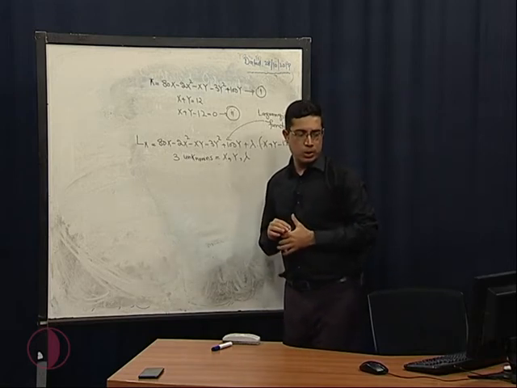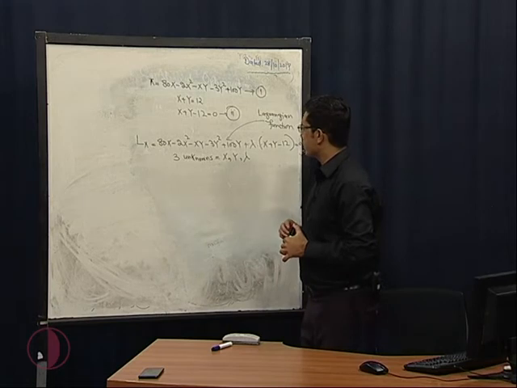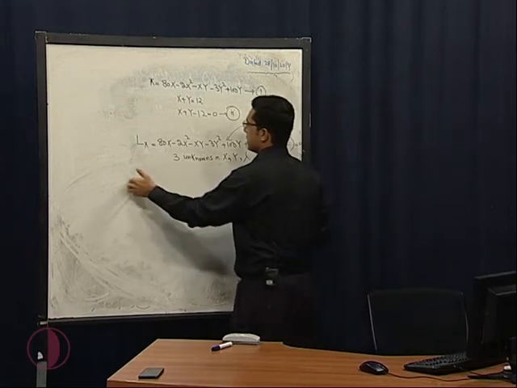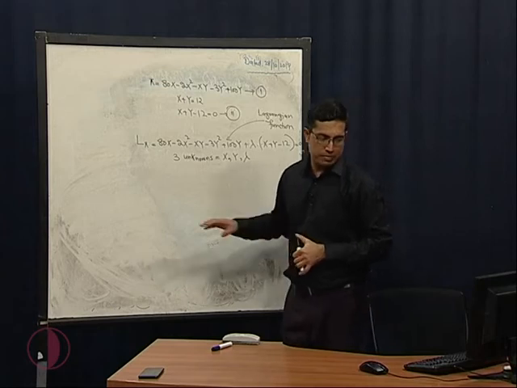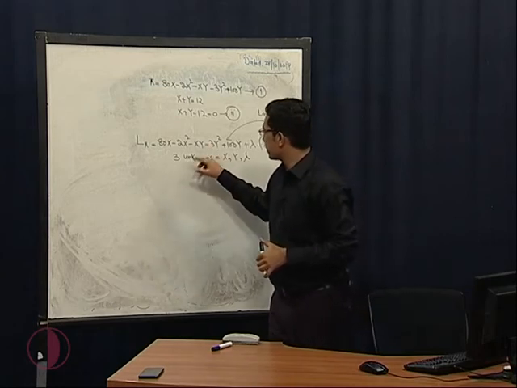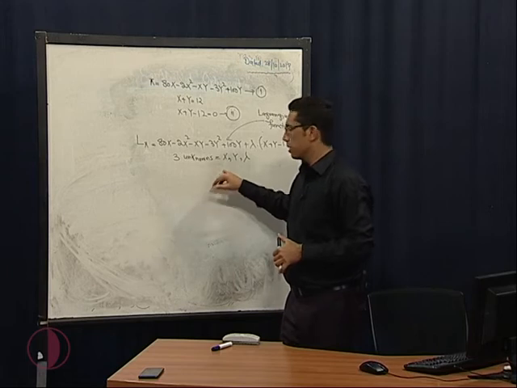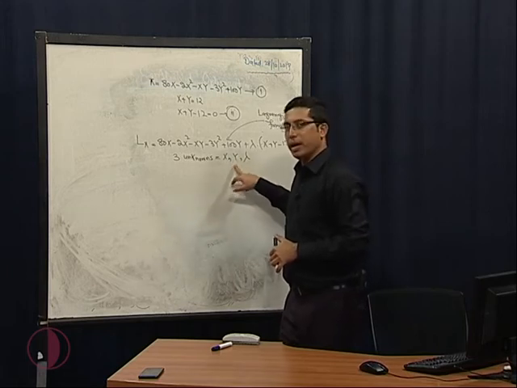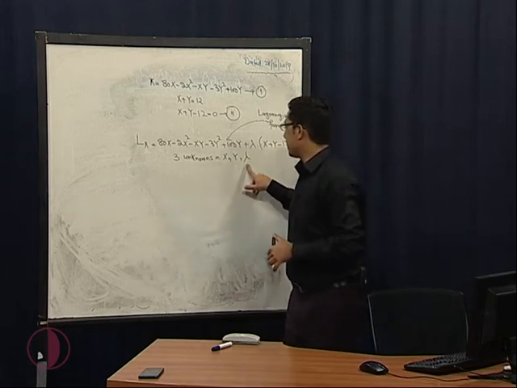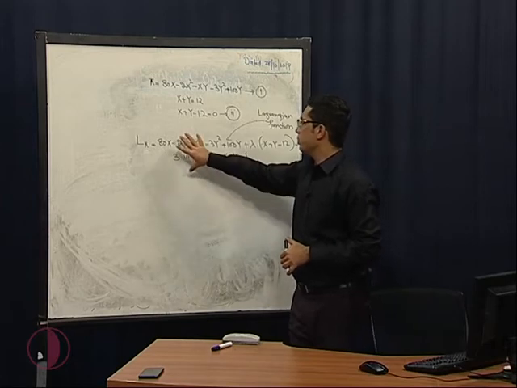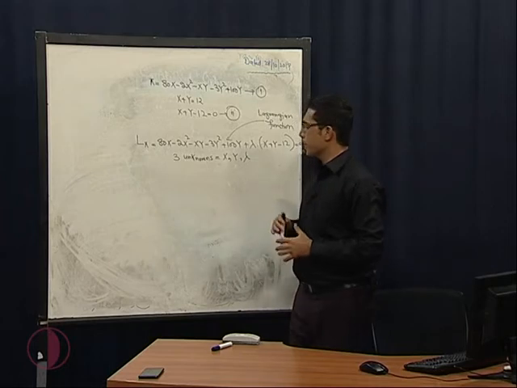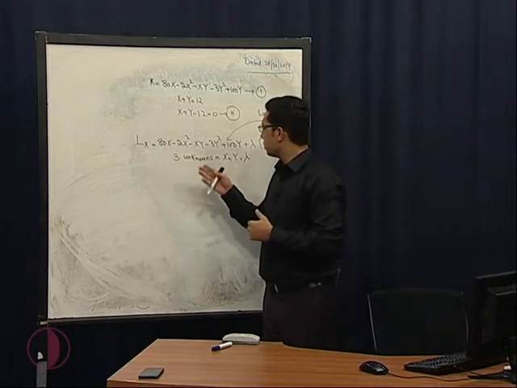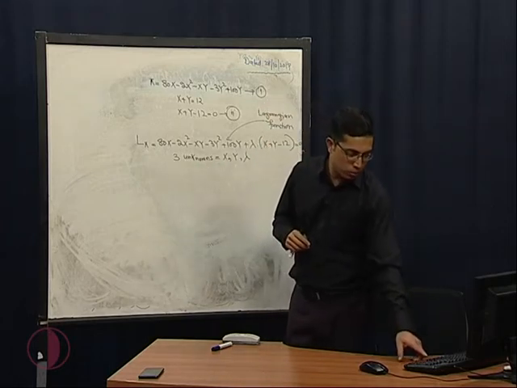To maximize this Lagrangian function, we will write partial derivatives. We will take the partial derivative with respect to x, then with respect to y, and finally with respect to lambda. And we will set each expression equal to 0 to find the values of these three unknown variables.